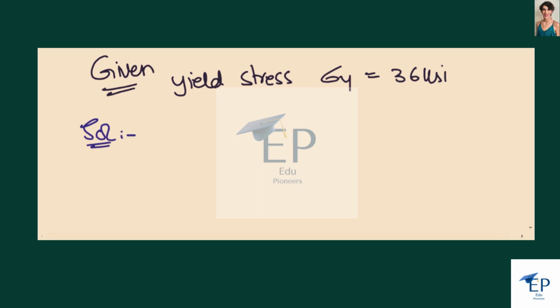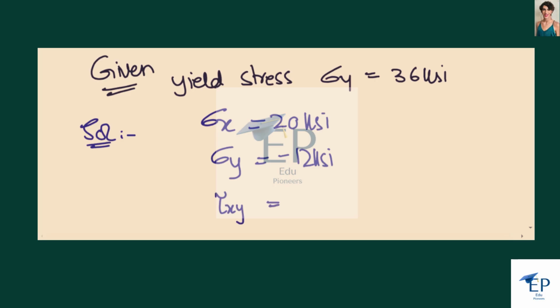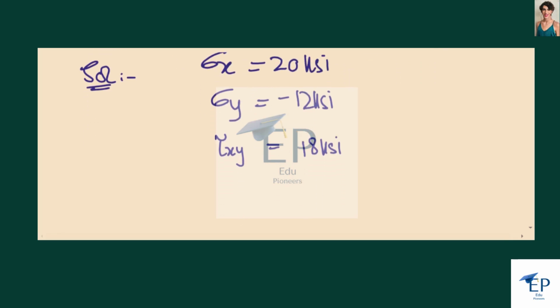Now we are given by the figure of the problem that sigma sub x is equal to 20 ksi, sigma sub y is equal to negative 12 ksi, and tau sub xy is equal to 18 ksi. Now we are required to solve it. For that, we need to use equation 10.30 that describes the maximum distortion theory.